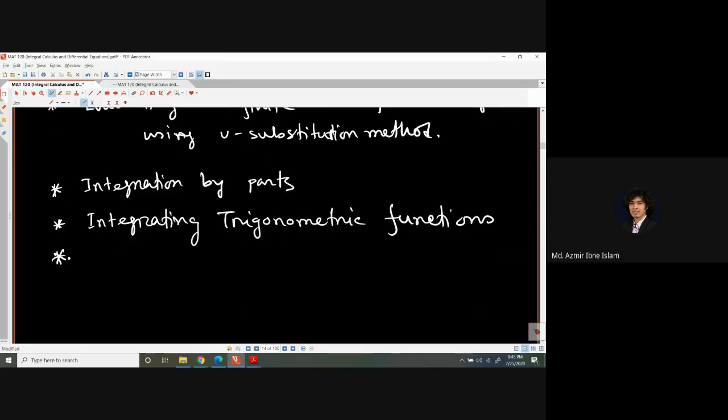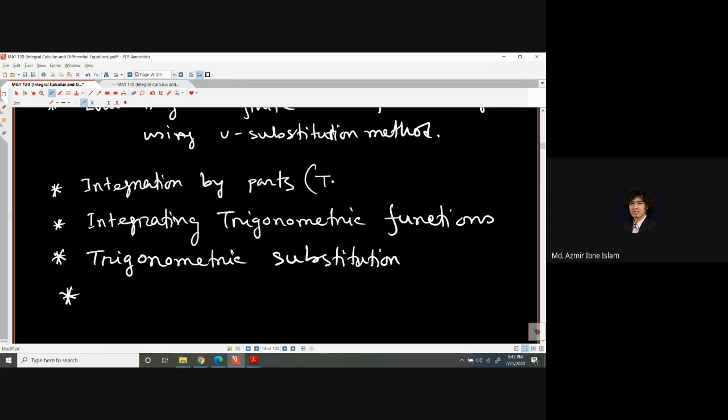Then we will discuss one important topic that is called trigonometric substitution. Besides integration by parts, we have another technique that is called the tabular method. That method is not applicable for all functions, but we will try to discuss it because for some problems it will be helpful. It will be a speedy process.